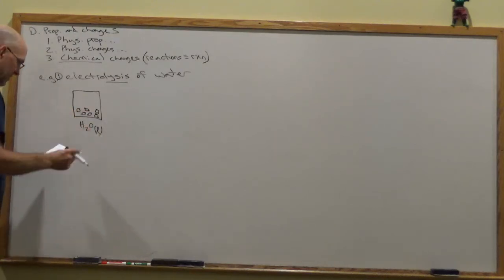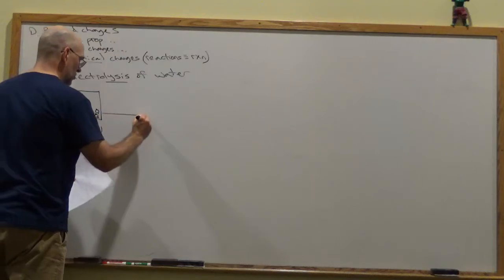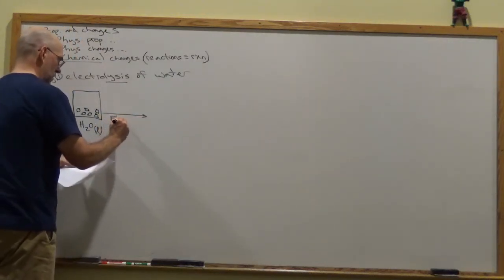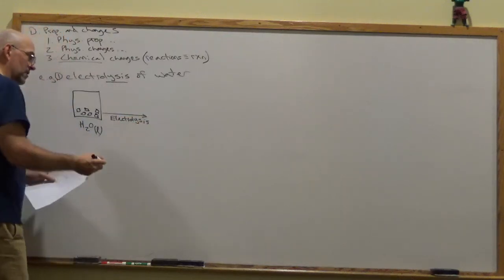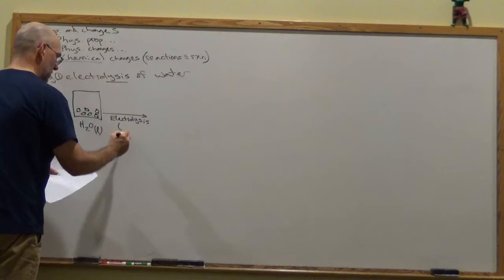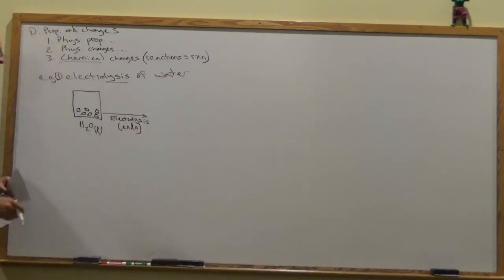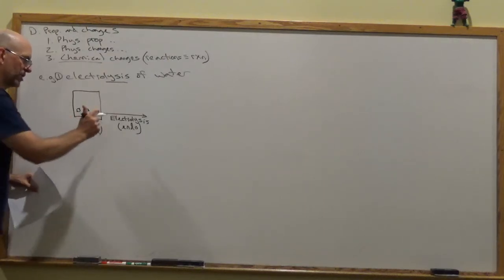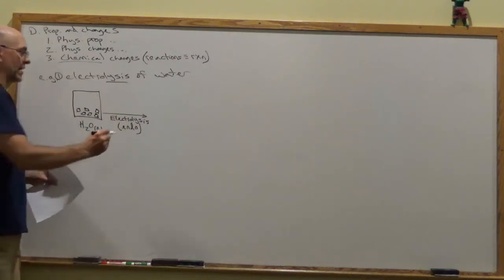And we are now going to hook it up to the battery, basically. And this is endothermic, going this direction. The molecules have to absorb energy from the battery, this exterior source, that's endothermic, going in this direction.